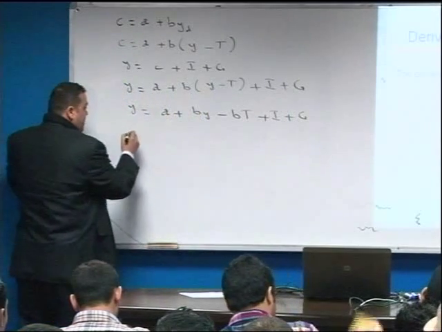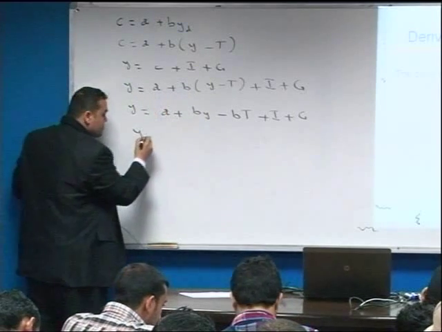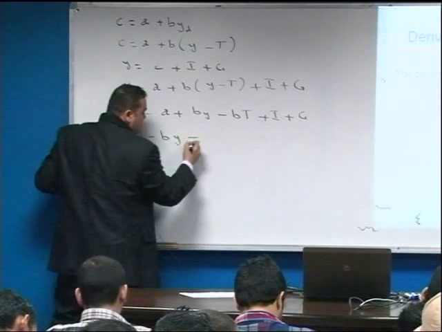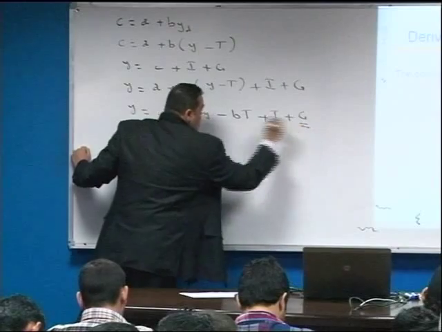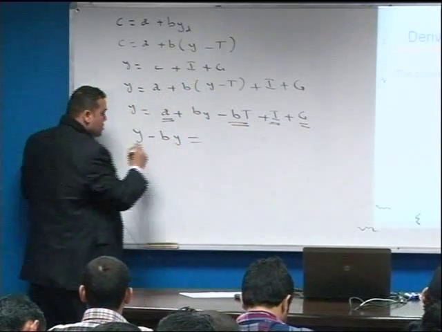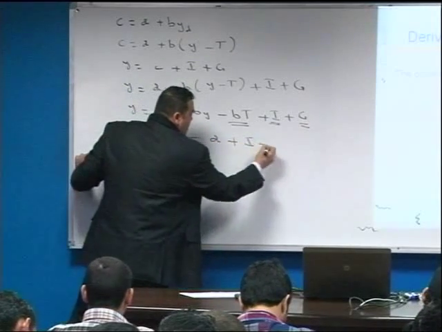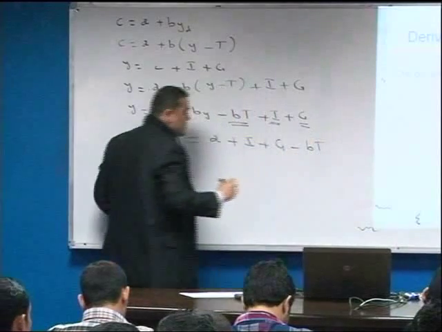So Y minus beta Y equals A plus I plus G minus beta T.